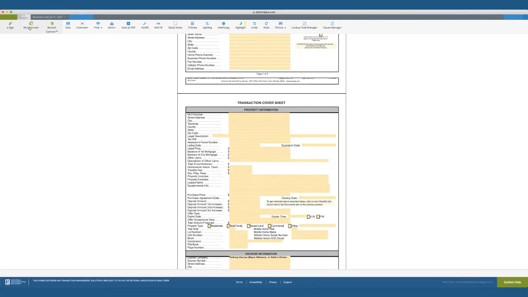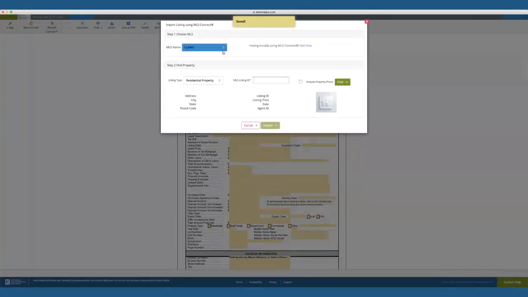MLS Connect, you're writing an offer on a property that's in the MLS. So click on MLS Connect. For those of you who use ChrisNet, this always defaults to Claw, and you're going to have to change it to CRMLS.